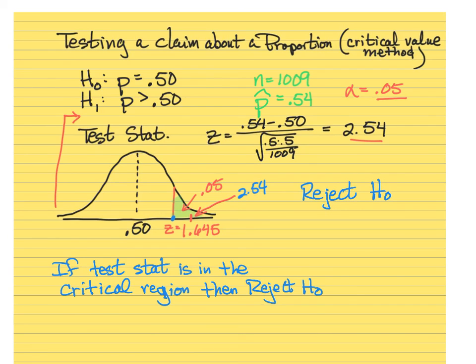It's the region beyond the critical value. The critical value was 1.645, beyond that green shaded region. You notice we actually didn't find the area there. We just established the critical value that set up an area equal to the alpha, the significance level of 0.05, and determined whether our sample lived in that critical region or not. If it doesn't live in the critical region, then you will fail to reject.